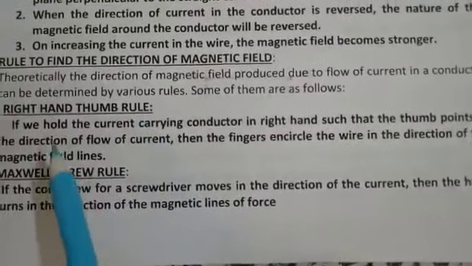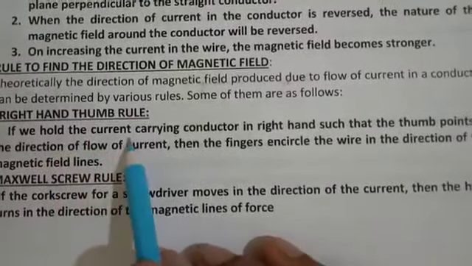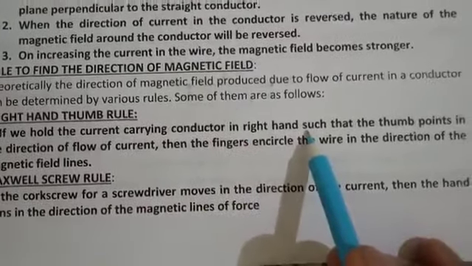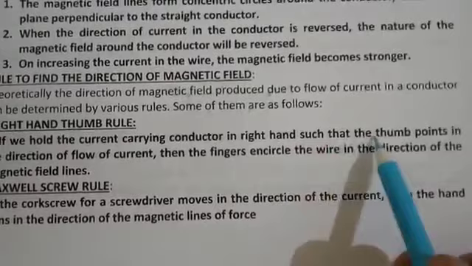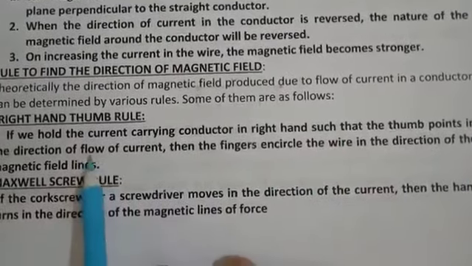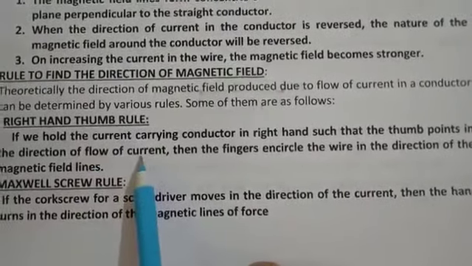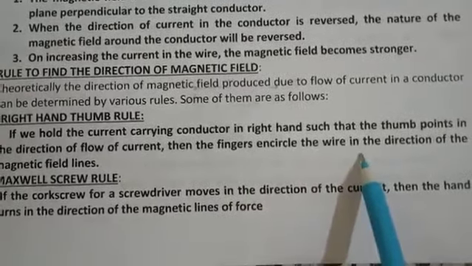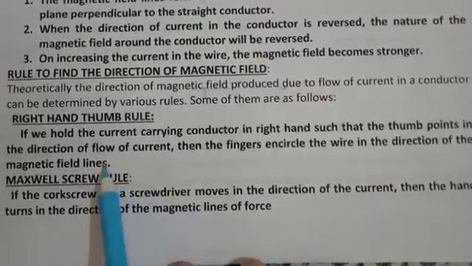The statement is, if we hold the current carrying conductor in the right hand such that the thumb points in the direction of flow of current, then the fingers encircle the wire in the direction of the magnetic lines.